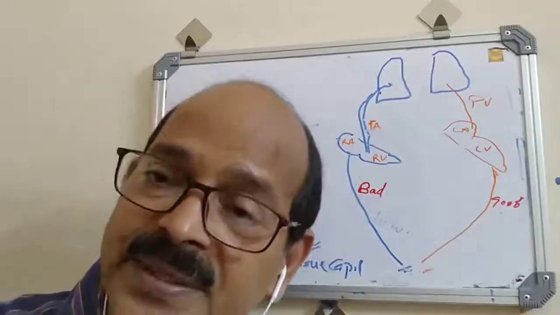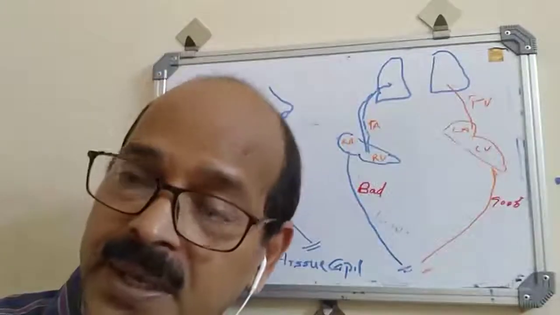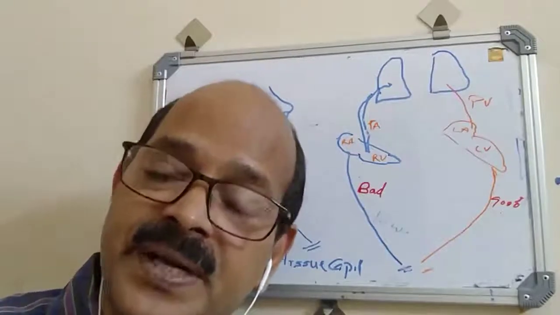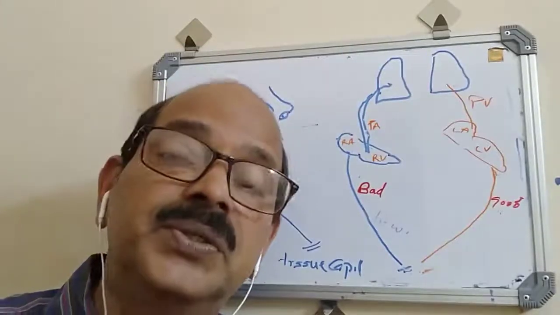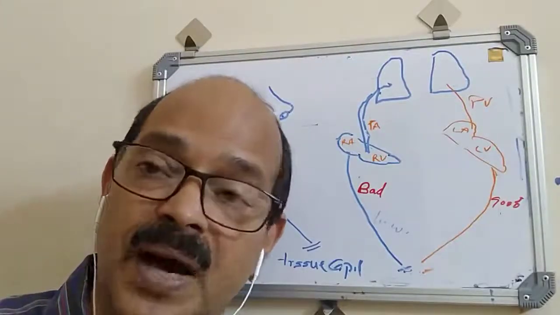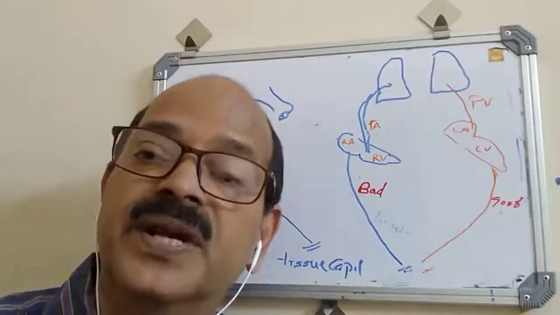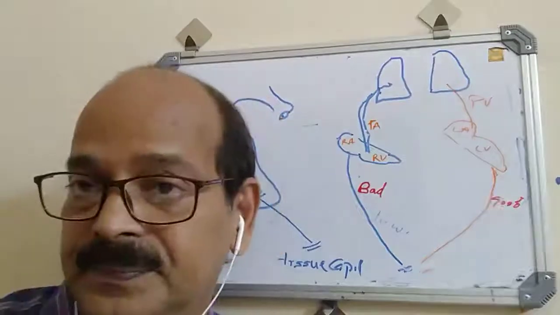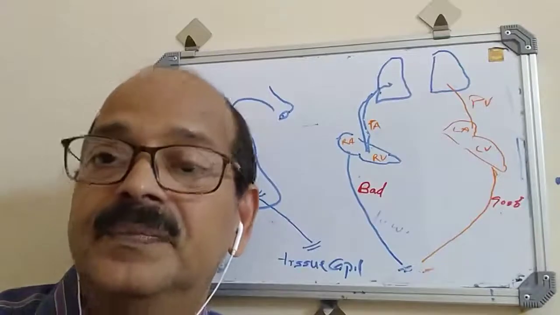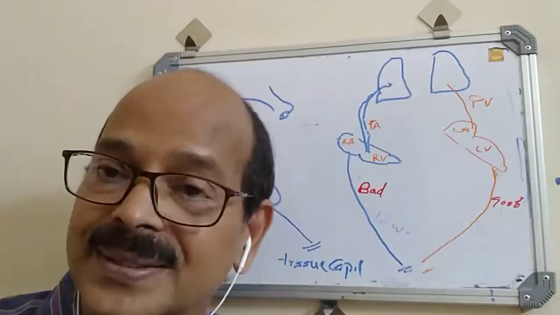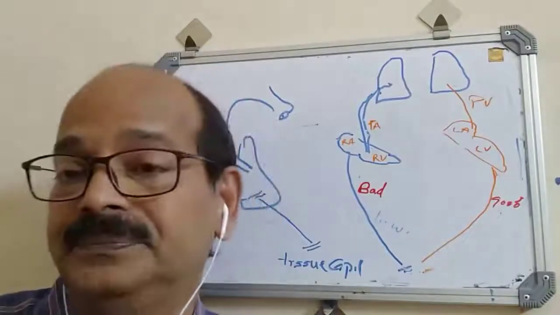Classically, in a case of VSD in a young child, ASD in a little older person, or a PDA with reversal. So all these left-right shunts with reversal are one very important situation. We need to consider that possibility, and should have methods to differentiate a left-right shunt now reversing. And if you rule that out also, then only comes your actual cyanotic heart disease, producing cyanosis per se.